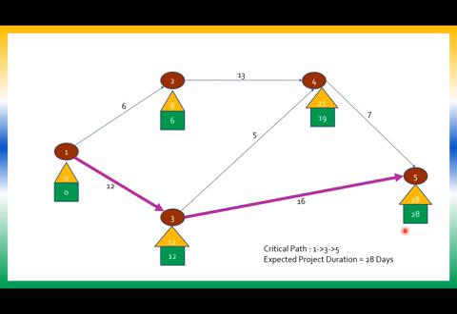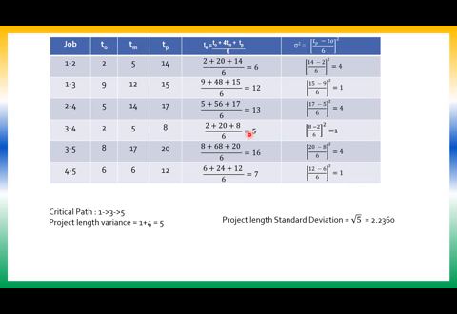Okay. Now go ahead computing the probabilities. Before probabilities, I am supposed to find out the standard deviation. So for computing the standard deviation, individual activity variances I am supposed to compute. 14 minus 2 is 12, 12 by 6 is 2, 2 square is 4. 15 minus 9 is 6, 6 by 6 is 1, 1 square is 1. 17 minus 5 is 12, 12 by 6 is 2, 2 square is 4.